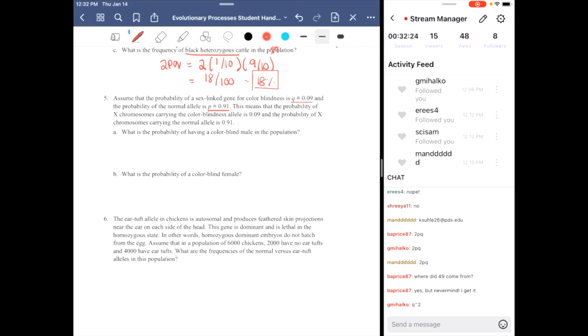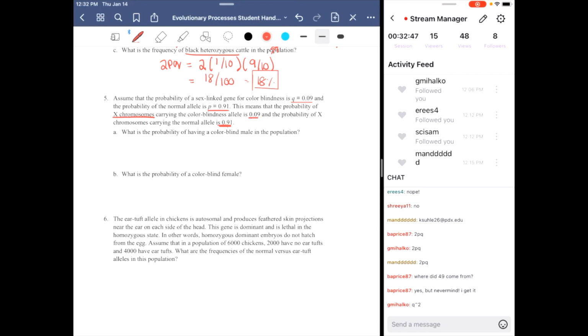This means that the probability of the X chromosome, since it's an X-linked gene, for a color blindness allele is going to be 0.09, and the probability of it carrying the normal allele is 0.91. And these two numbers are coming from the information provided in the previous sentence.